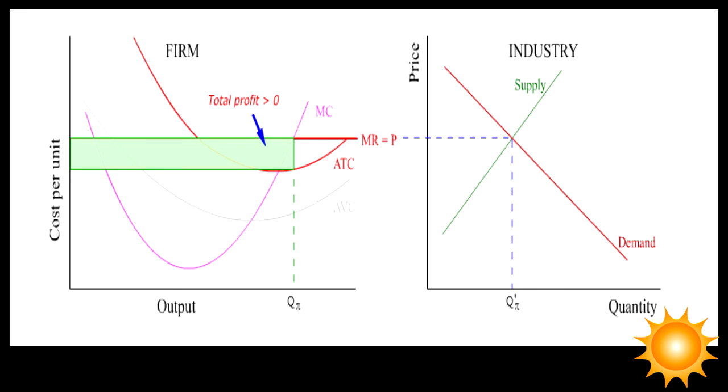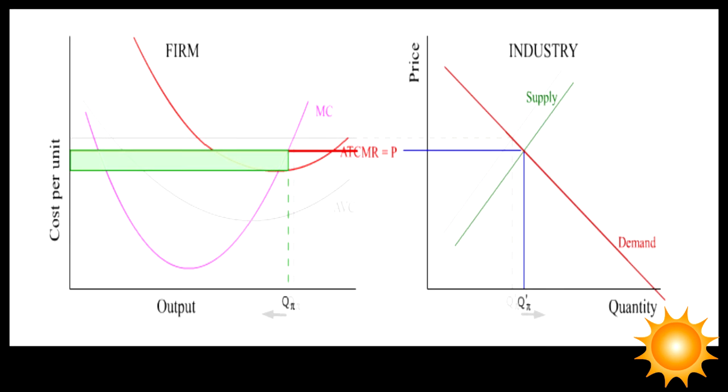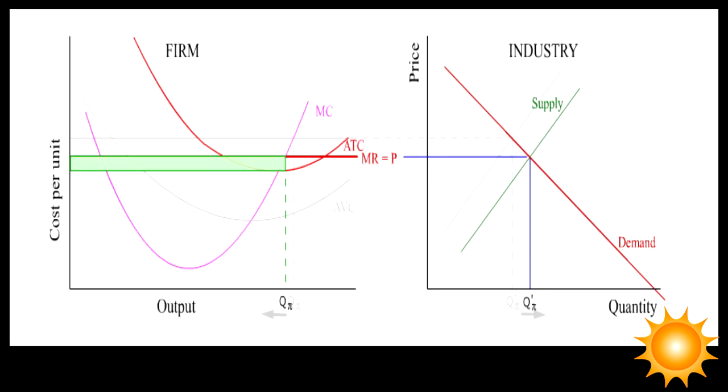This positive profit will attract entry of new firms. Entry of new firms will increase supply and shift the supply curve to the right. Increasing supply would lower the price, which in turn lowers the profit of the firm.